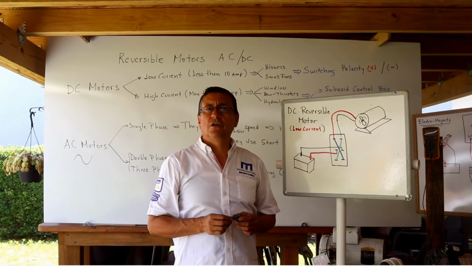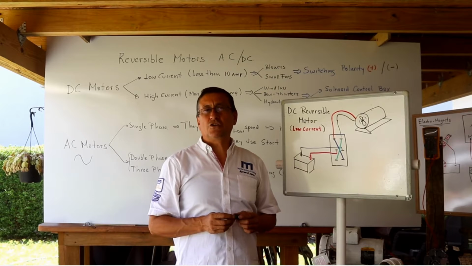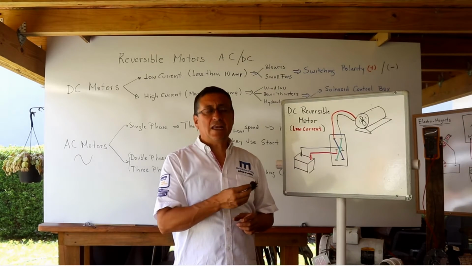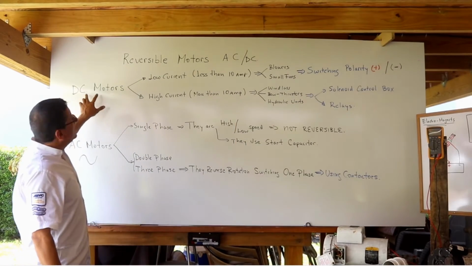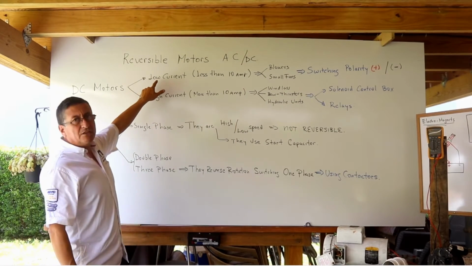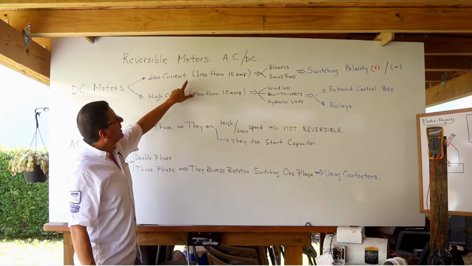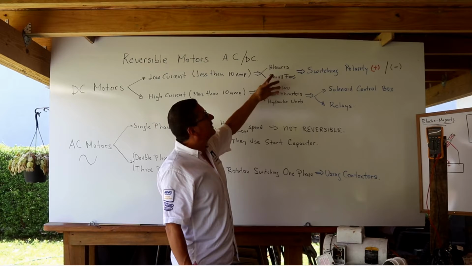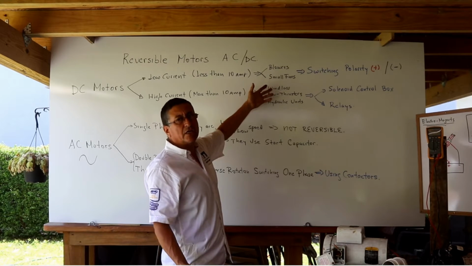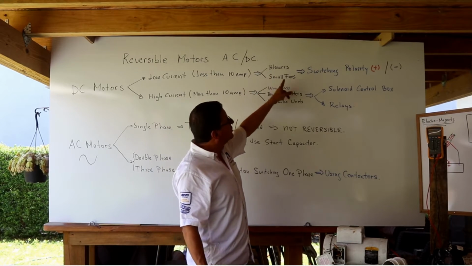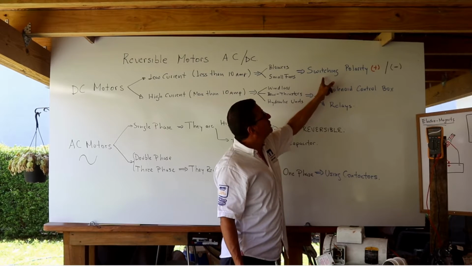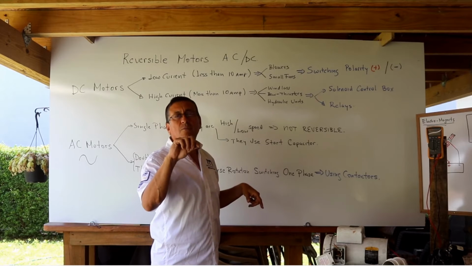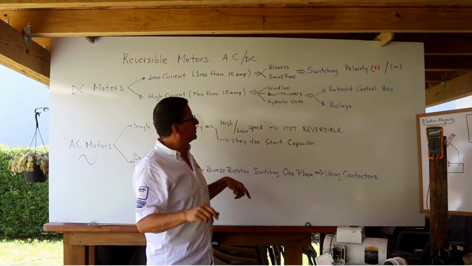For motors whose consumption is more than 10 amps, I am going to explain the procedure right now. If the DC motor is considered low current, less than 10 amps, like blowers, fans, small electrical and electronic motors, you can switch the rotation just by switching the polarity. You can switch the polarity with the double input, double output toggle switch.